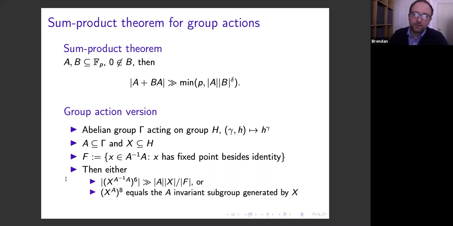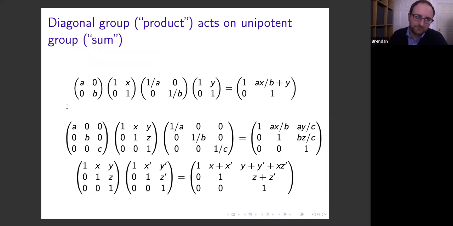Okay, and so now the connection of this problem of proving growth in soluble groups, or the upper triangular group, with the sum product theorem is not too hard to see, especially in the 2x2 case. If we conjugate an element of the unipotent group by, say, a diagonal matrix, and then we multiply by another element in the unipotent group, well, we get back a unipotent matrix, and what's happened is we've multiplied one term and then we've added another.